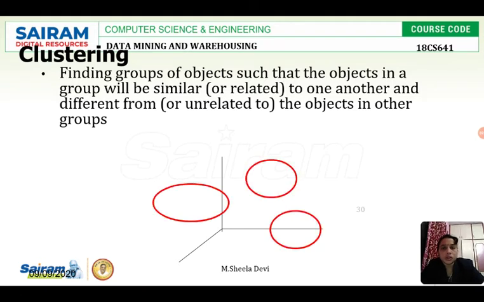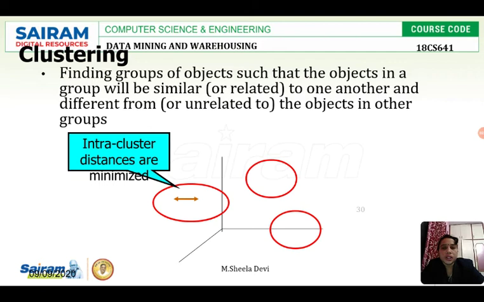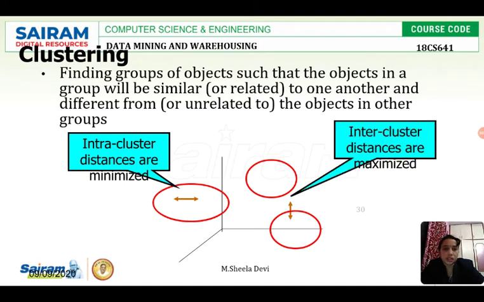There are two types here: intra-cluster distance as well as inter-cluster distance. What is intra-cluster? We have the data within the cluster. If the data is far from the properties, then the distance will be high.